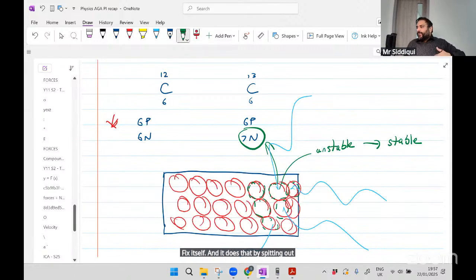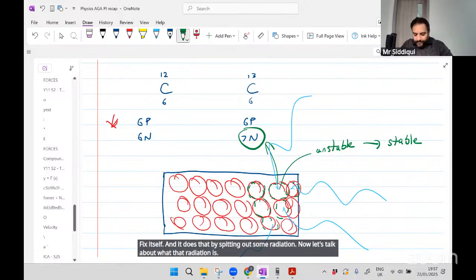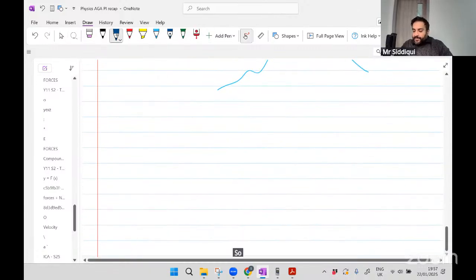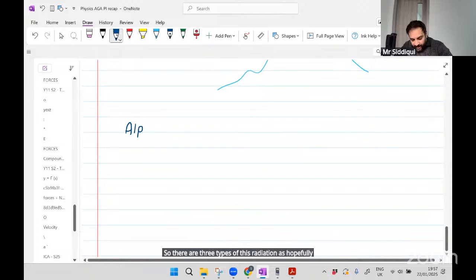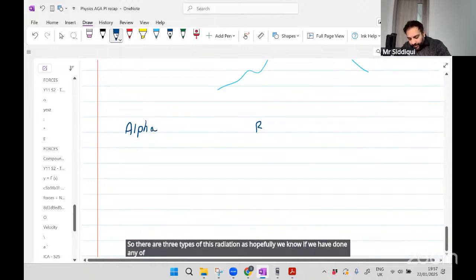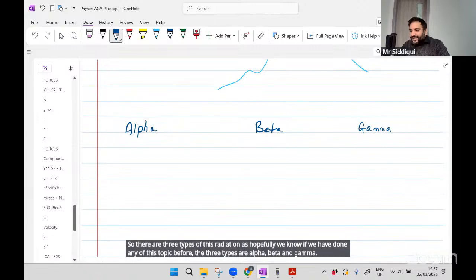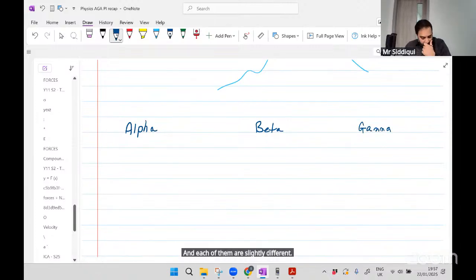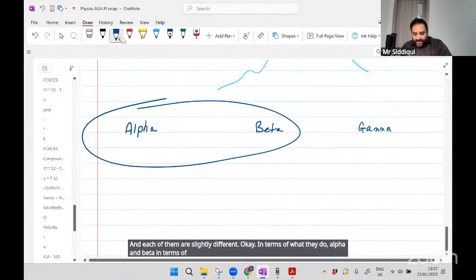Now let's talk about what that radiation is. There are 3 types of this radiation, as hopefully we know if we've done any of this topic before. The 3 types are alpha, beta, and gamma, and each of them is slightly different in terms of what they do. Alpha and beta, in terms of equations, are more complicated.